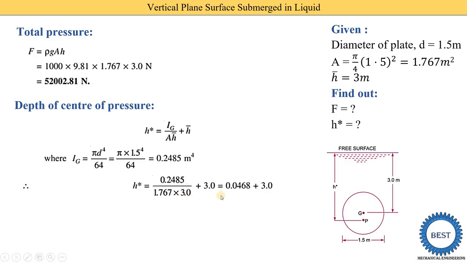This first part is 0.0468, plus 3. So we find h star is 3.0463 meters. Here we see h bar is 3 meters. So the center of pressure point is always below the center of gravity point for a vertical plane surface. So we find F and h star for this given case.